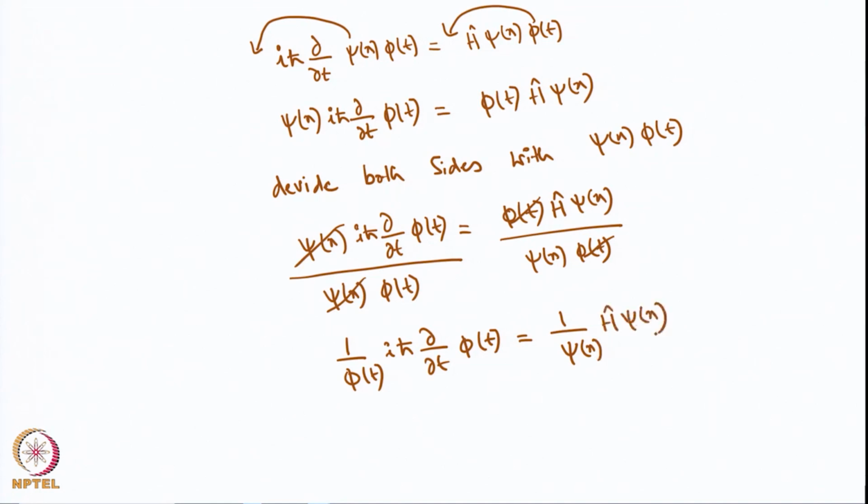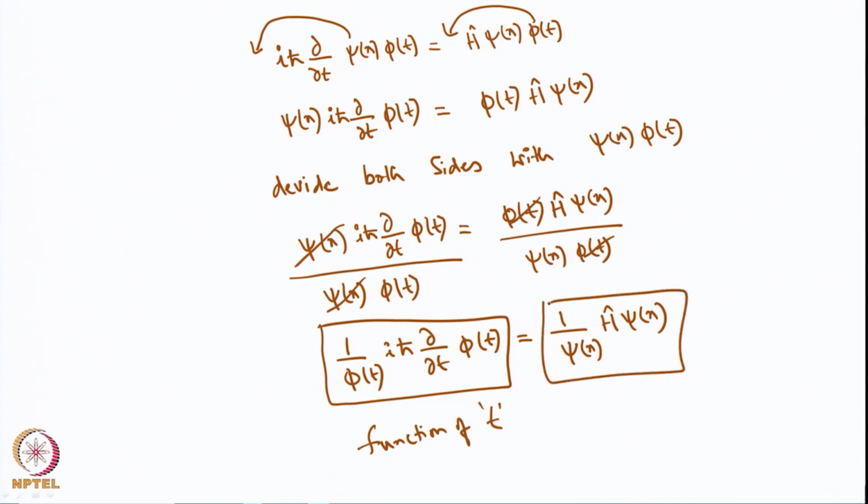is equal to 1 over psi of x H psi of x. You will see that the left hand side is a function of t and the right hand side is a function of x. So, I am equating two functions of two different variables.